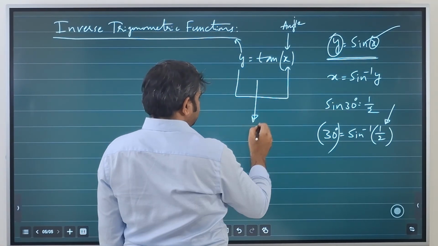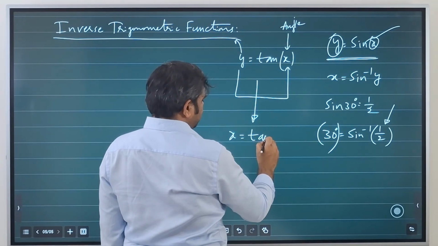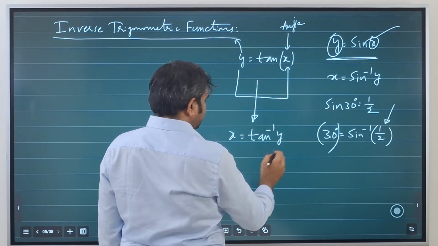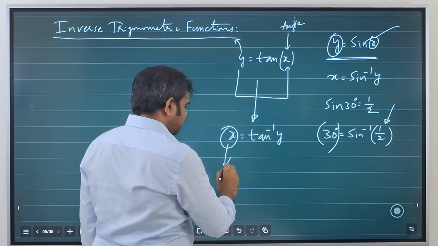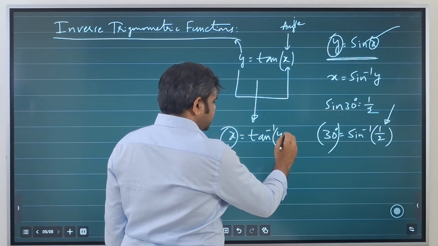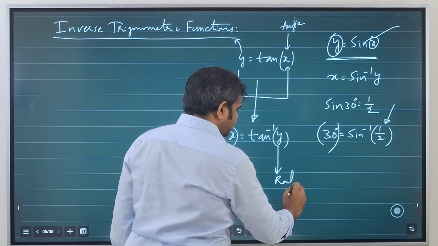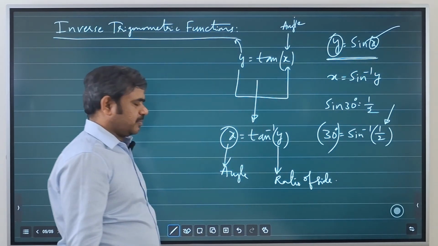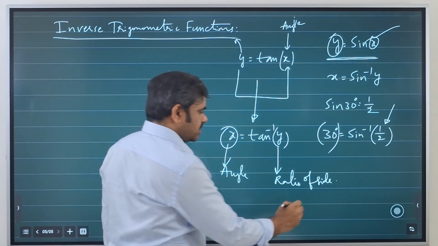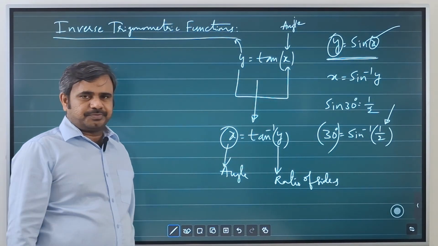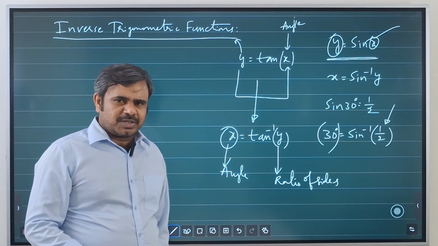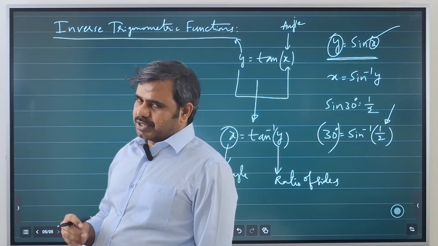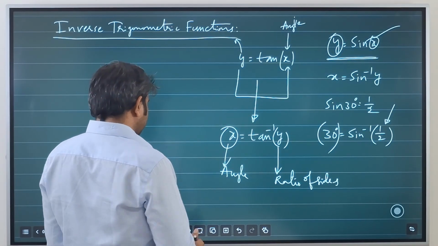If we write down this equation as the following, x is equal to tan inverse of y, so we are writing angle as a function of ratio of sides, ratio of sides in a right angled triangle. So inverse trigonometric functions are basically angles written as functions of ratio of sides in a right angled triangle.